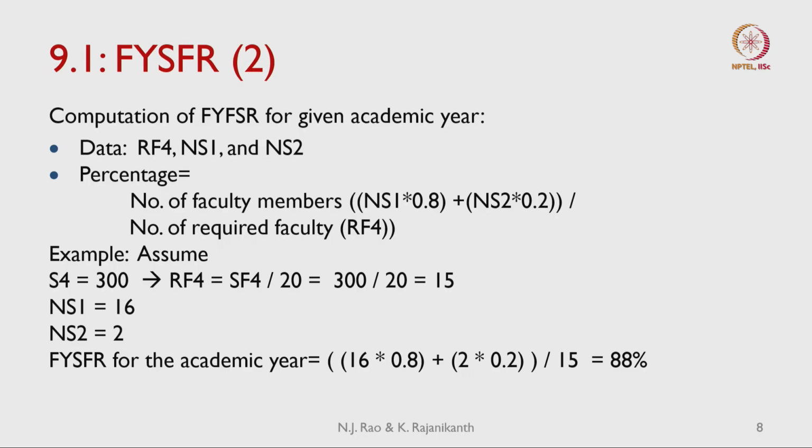So, NS2 is 2. So, then FYSFR for this academic year would be 16 into 0.8 plus 2 into 0.2 divided by 15, which is 88 percentage. So, that is how for a given academic year FYSFR is calculated, and we repeat this for 3 academic years.